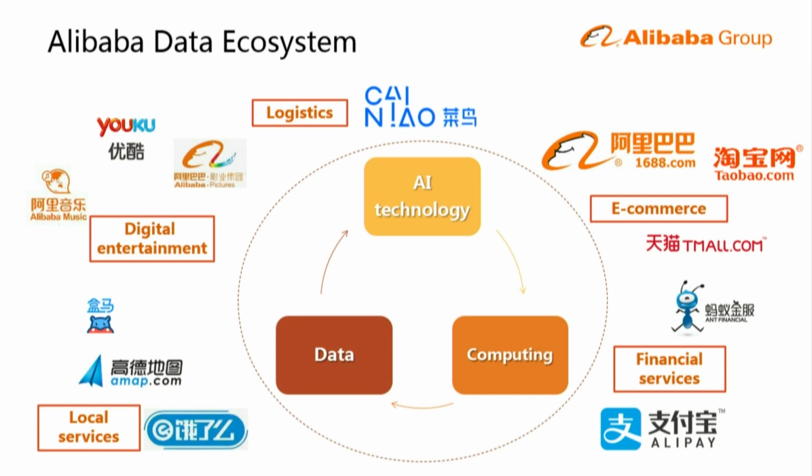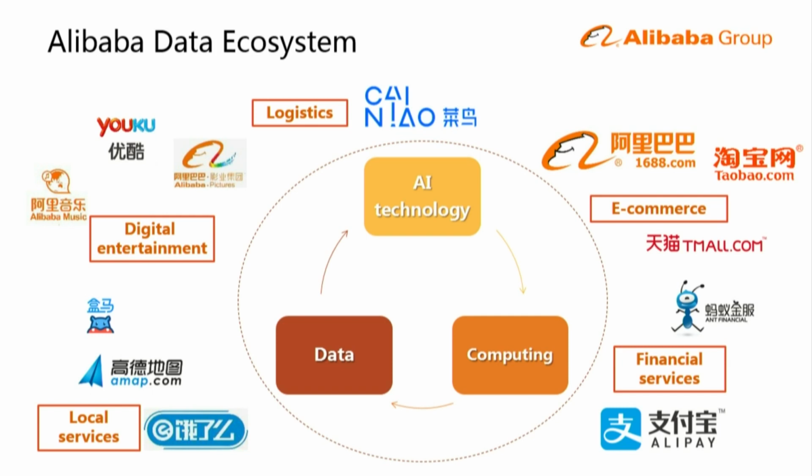And we have obtained a huge amount of data through those real business scenarios. Based on the data and combined with our computing technologies and the AI technologies supported by DAMO Academy, we are continuously trying to improve the experience of our users. We are continuously trying to shape the new business opportunities.